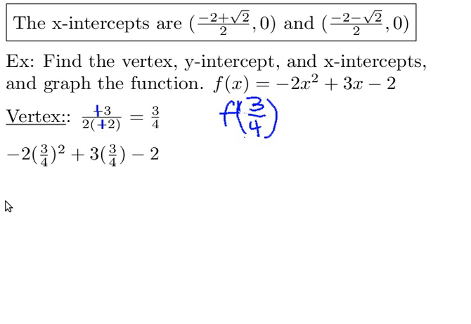Okay, so we have -2. Let me double check this: -2 times 3/4 squared plus 3 times 3/4 minus 2. That's right.